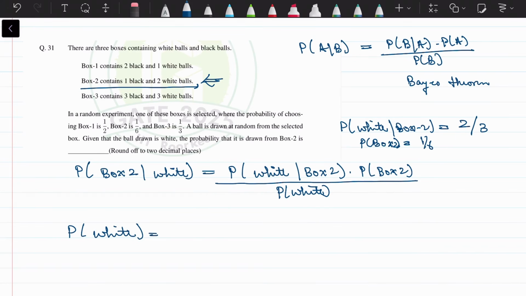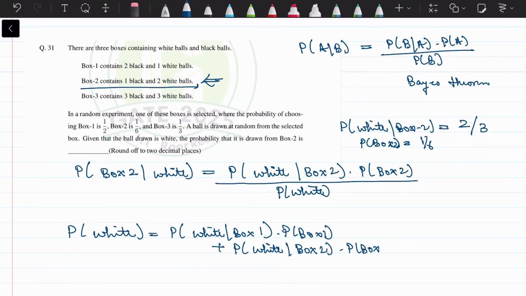The total probability can be used to find the probability of white ball. So it can be expressed as probability of white ball given box 1 into probability of box 1, plus probability of white ball given box 2 into probability of box 2, plus probability of white ball given box 3 into probability of box 3.